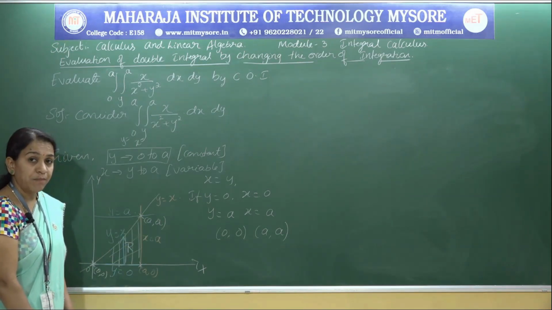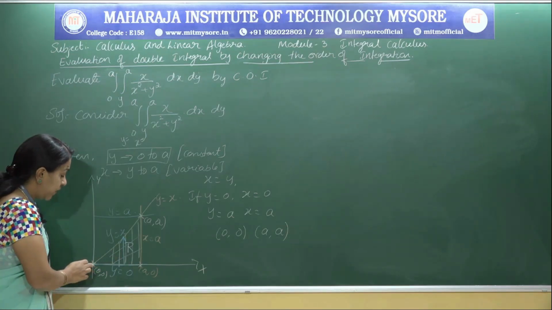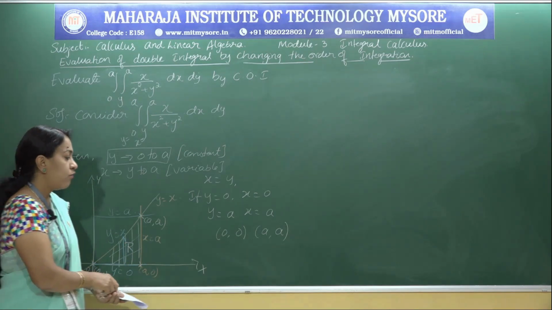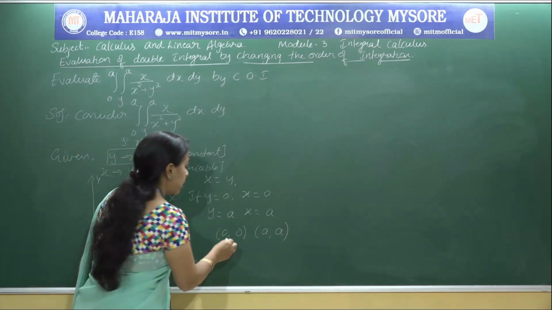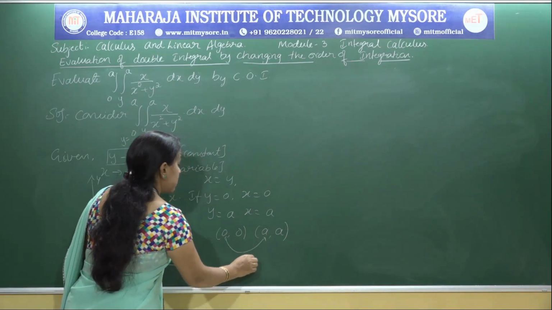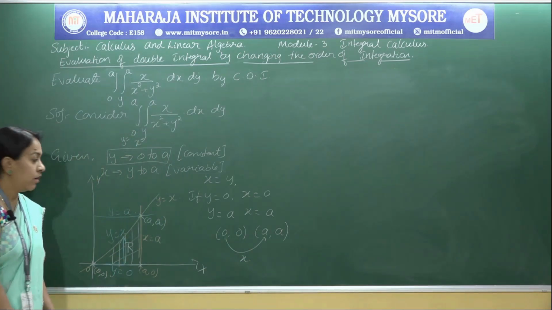What about the x limit? The x limit is considered on the x axis, we know that. So x varies from 0 to a. I can consider it in a graph or coordinate plane, or also from the point of intersection. Your x varies from 0 to a.